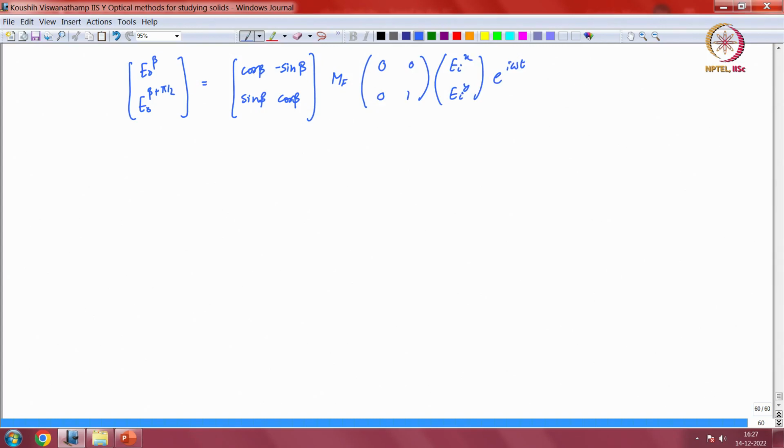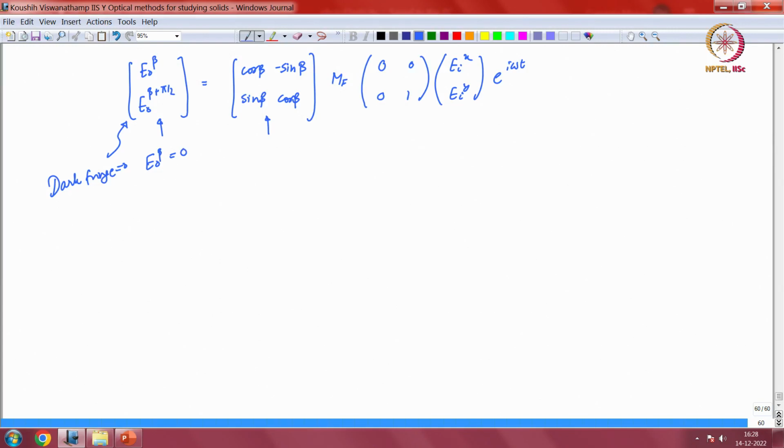Okay, this is the only new component we have added. This is of course before the analyzer cuts off the component that is perpendicular, but we will come to that at the end, right. So, if you see a dark fringe, then that means that the E0 beta is equal to 0.